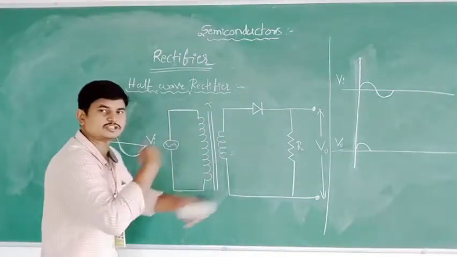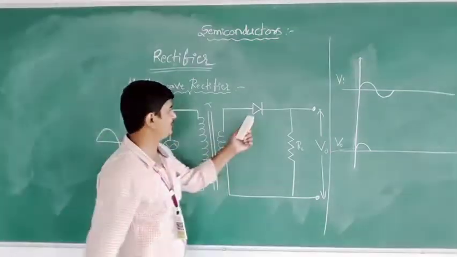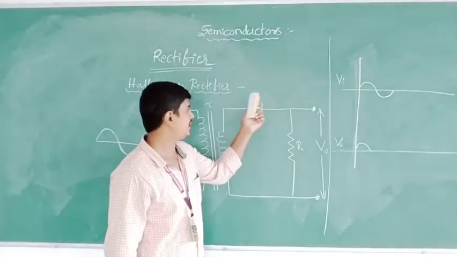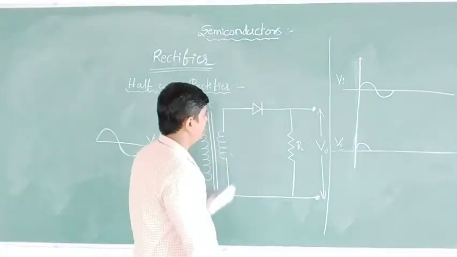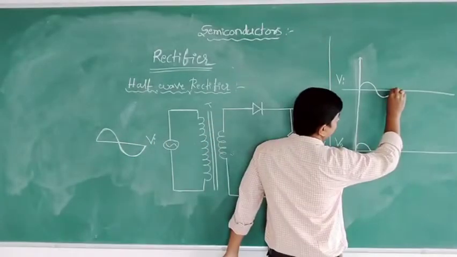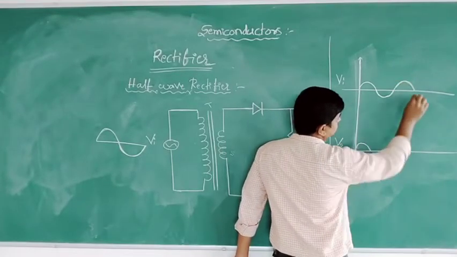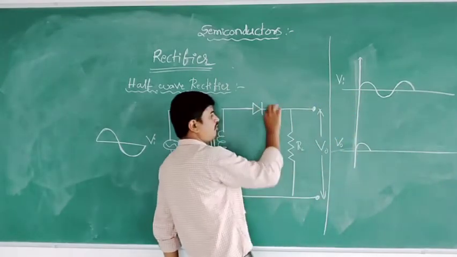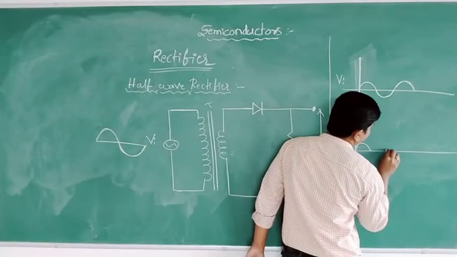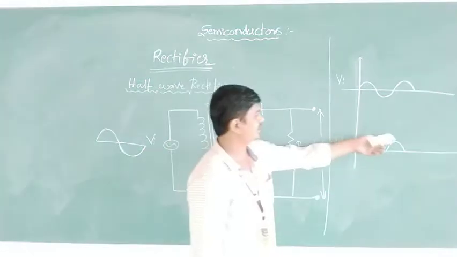Next, this process repeats. Again in the positive half cycle, the P type acts like a positive with respect to the N type semiconductor, which acts like a forward bias, and there is a maximum flow of current and an output in the positive direction.